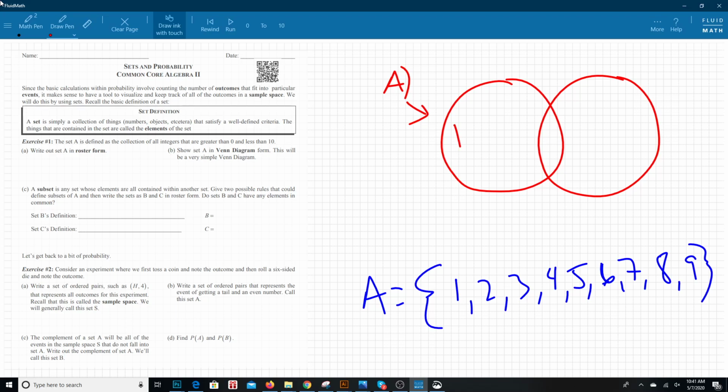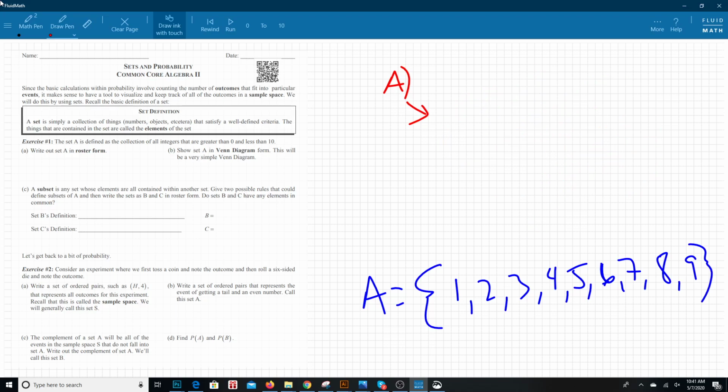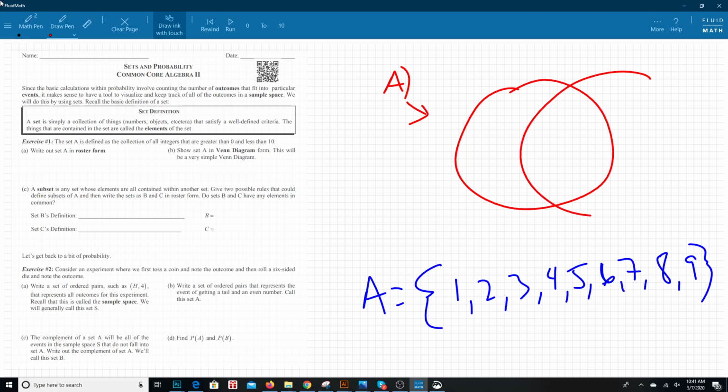If we were to go totally in a line from 0 to 10, we could do this. Actually, let me make this a little bit better. So, make it like that. So from 0 to 10, right here.